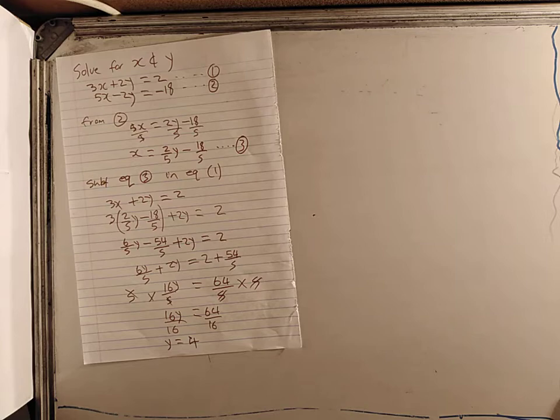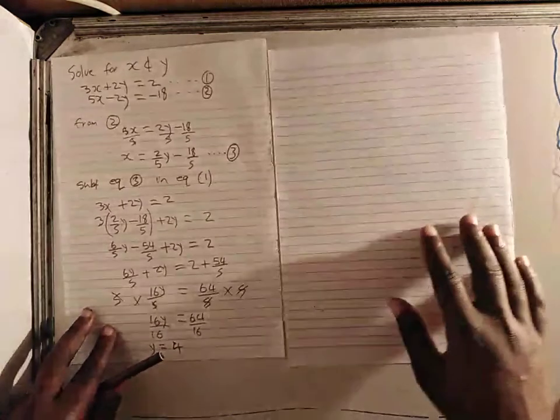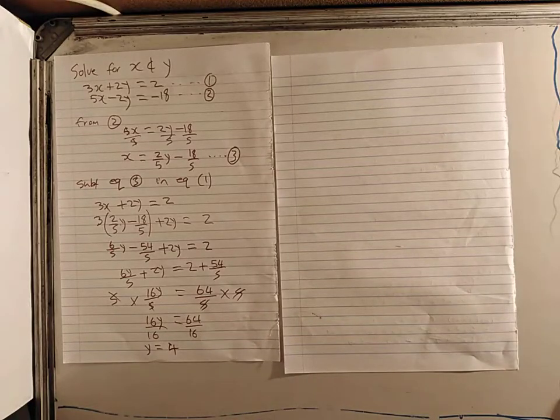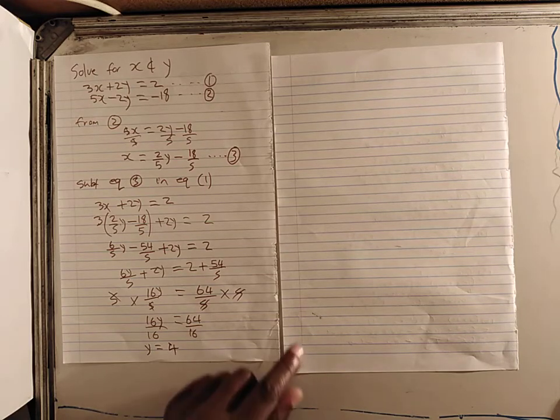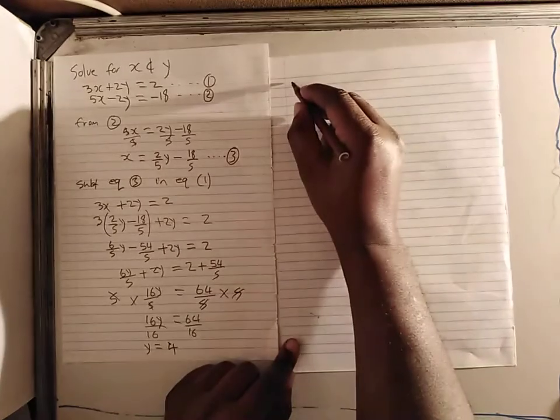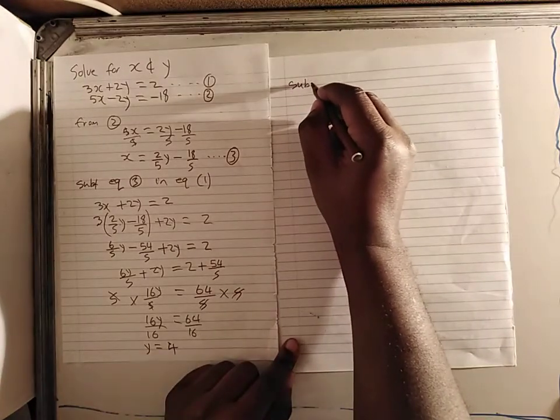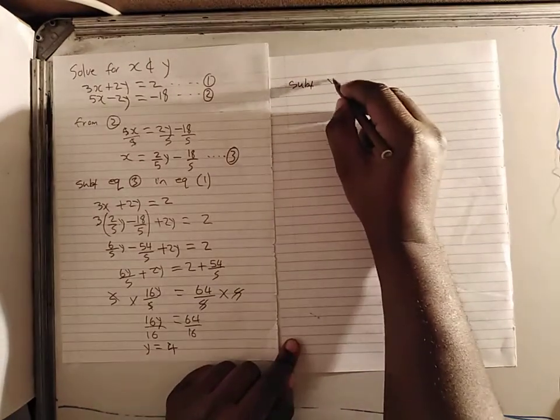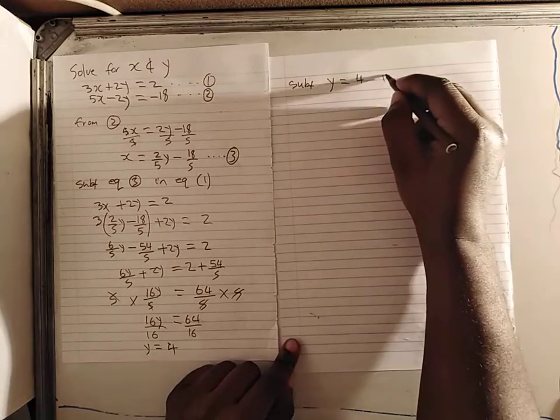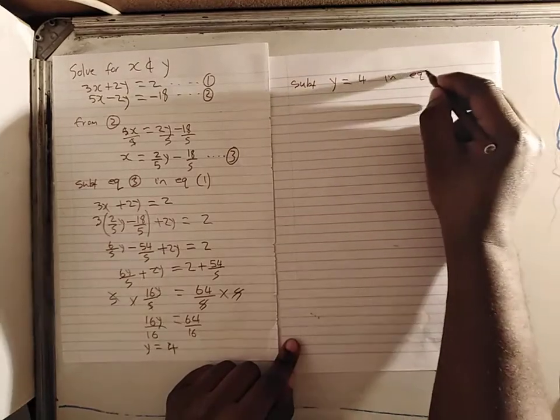All right, and then you know what to do after that. When you have found the value of one of the variables, you should use that value and substitute it in equation 3 so that you can find the other value. So we're going to substitute y is equal to 4 in equation 3.